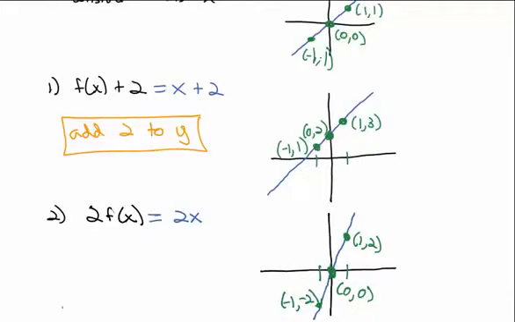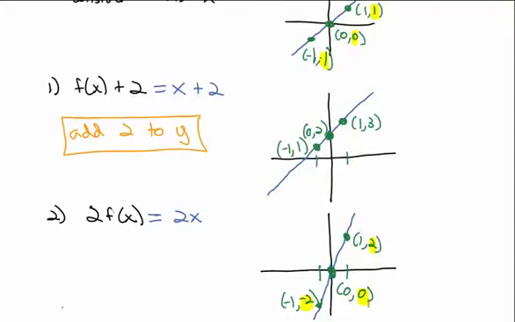And I want you to notice that while we kept the same x values again, -1, 0, and 1, the y values have changed. The y value that used to be -1 is now -2. The y value that used to be +1 is now +2. And the y value of 0 is still 0.